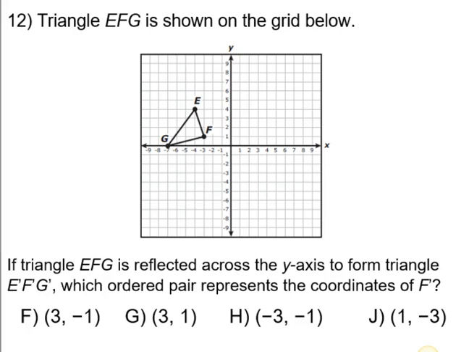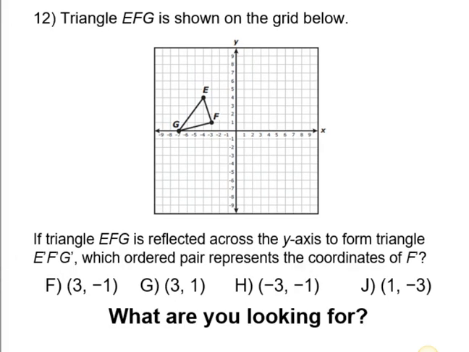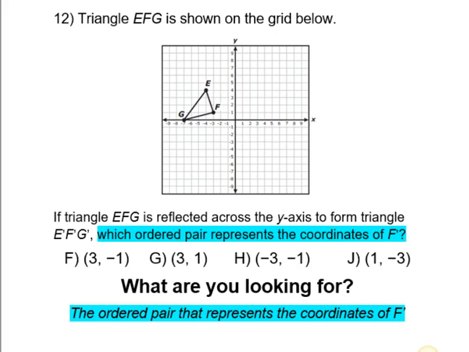F, 3, -1; G, 3, 1; H, -3, -1; J, 1, -3. What are we looking for? We are looking for the ordered pair that represents the coordinates of F' when it's reflected across the y-axis.